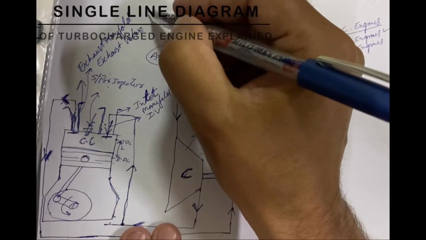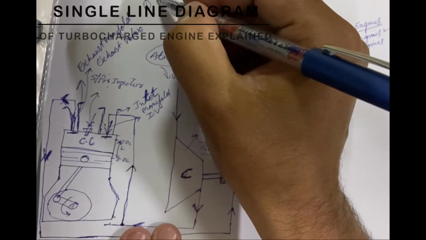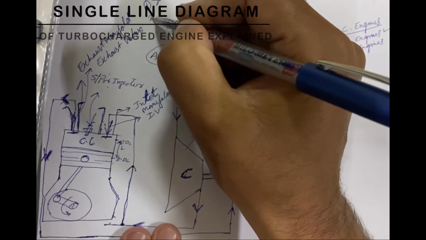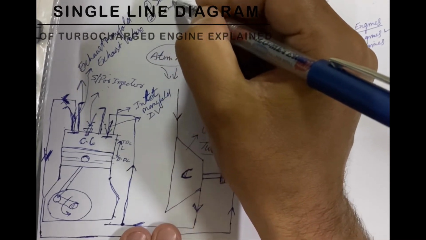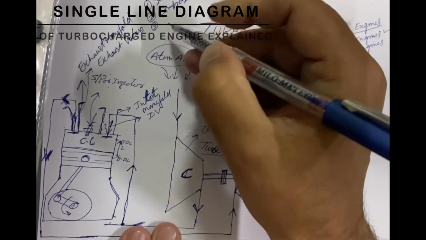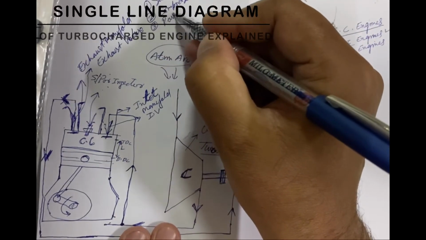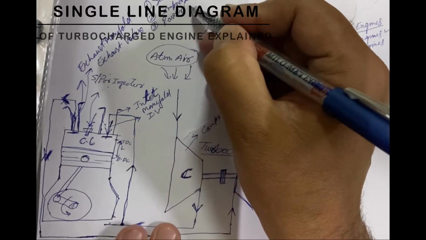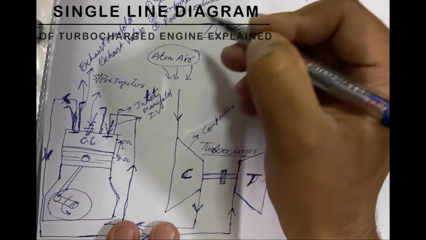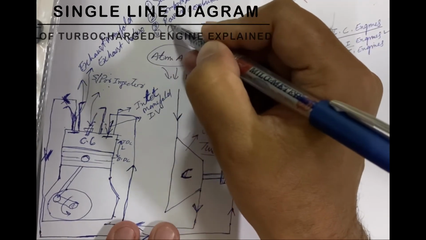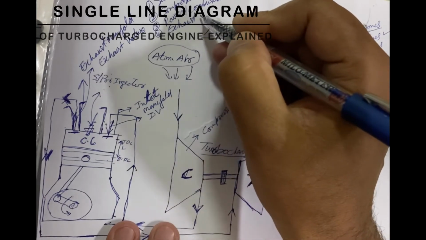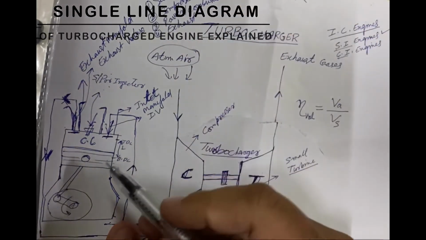One is known as suction, second is compression, third one is power or combustion stroke, and fourth one is exhaust stroke. Okay, there are 4 strokes.